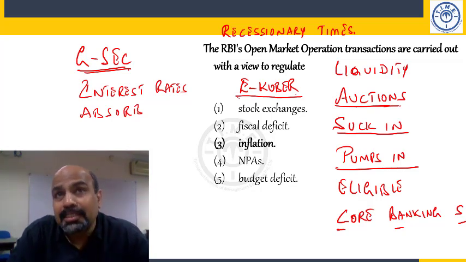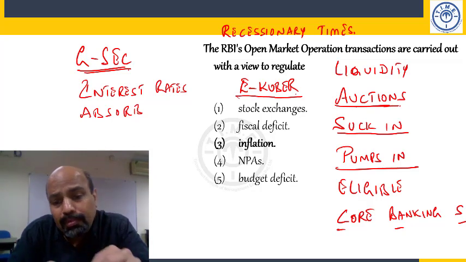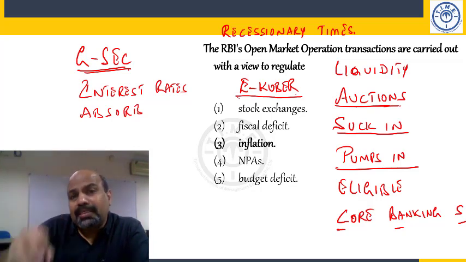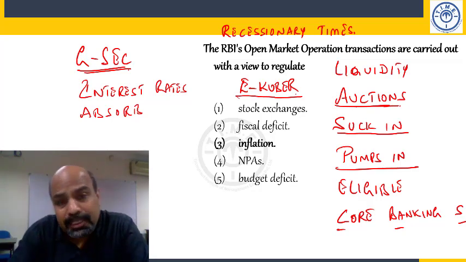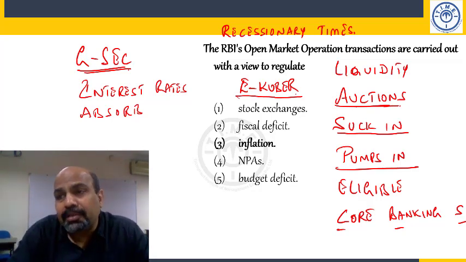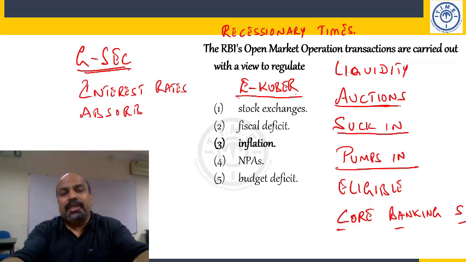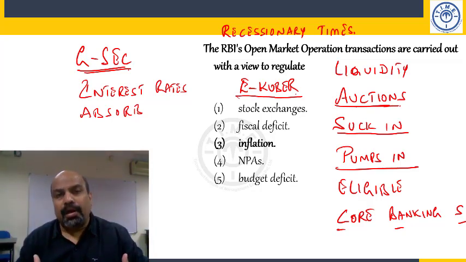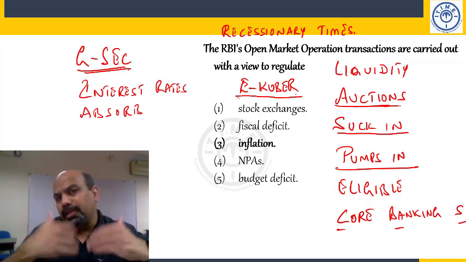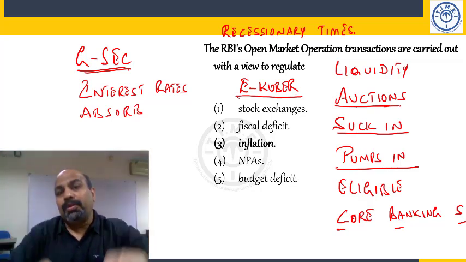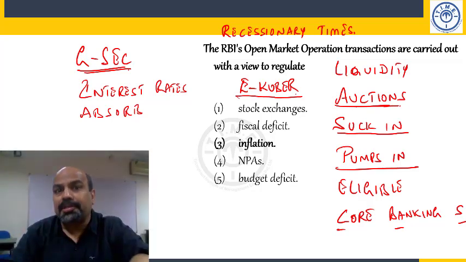So what the RBI does is this: it buys government securities. When it buys government securities, what is happening? Government securities are brought into the RBI. Money goes out from the RBI. When the money goes out, money supply increases. When money supply increases, interest rates decrease.